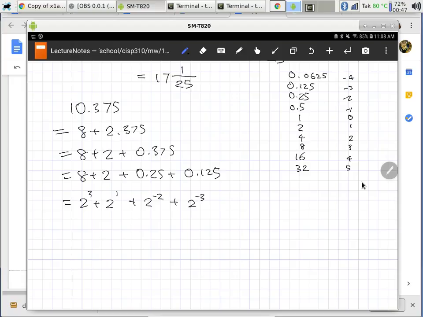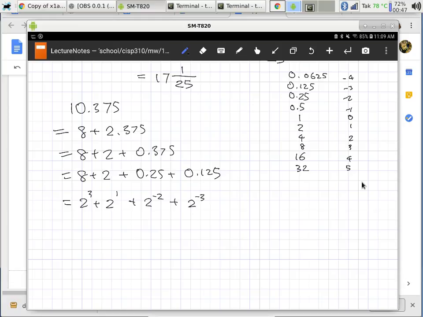Those are the powers of 2 that will give you the value that is on the left-hand side of that index. Is that okay? If you want to generate a table like this, use a spreadsheet, okay? So that you don't have to do it manually.